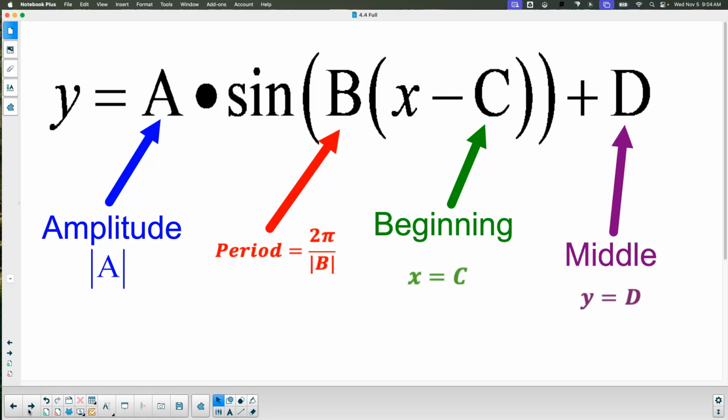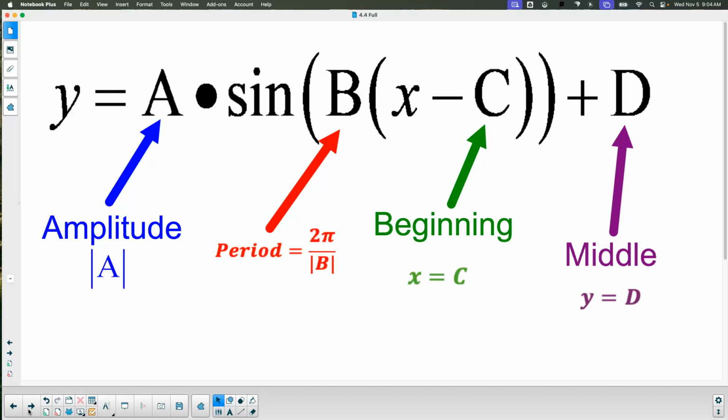Okay? Now, there's a crazy combination of the rest of them. A and D control your high and your low and your range. C plus B is your end value. So there's some combinations within all of those.